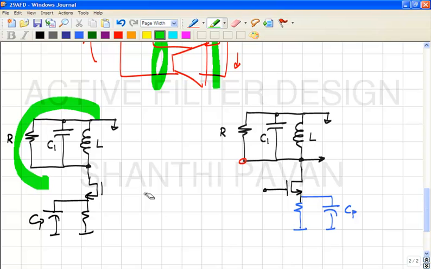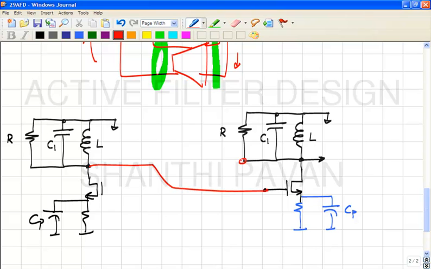Now, if I did this, let's assume that this voltage goes up by some delta V1 and this goes down by delta V1, correct? So if that goes up by delta V1, what is this current?